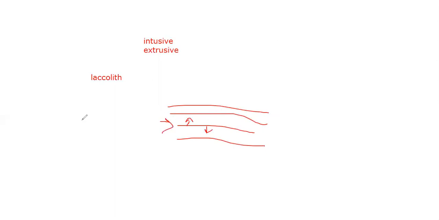So basically this is what happens. Now you have these layers of rock, and then here you notice that this is being pushed up and this is pushed down because of the movement of lava. So therefore it will begin to look like this.